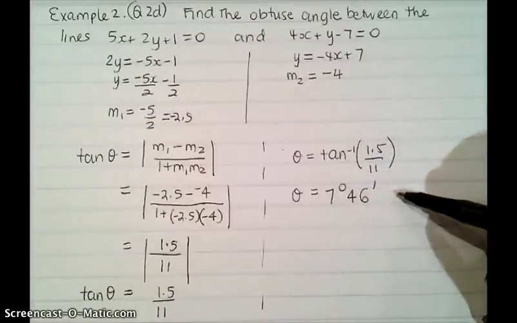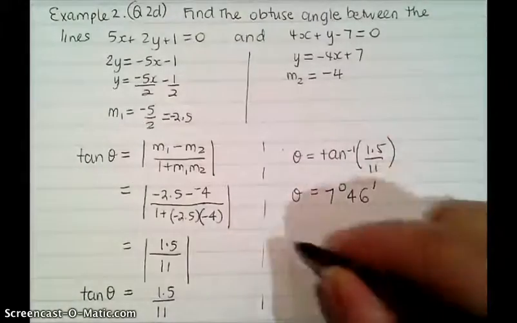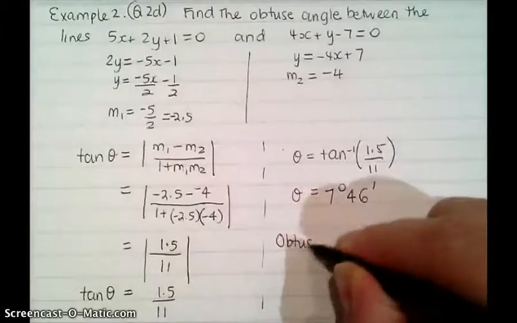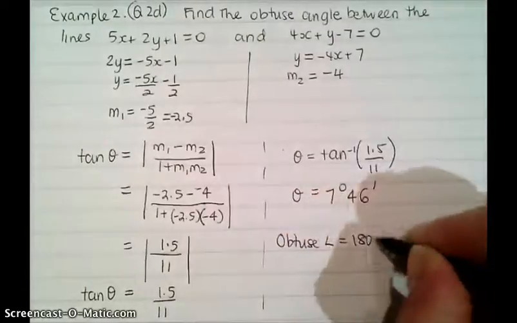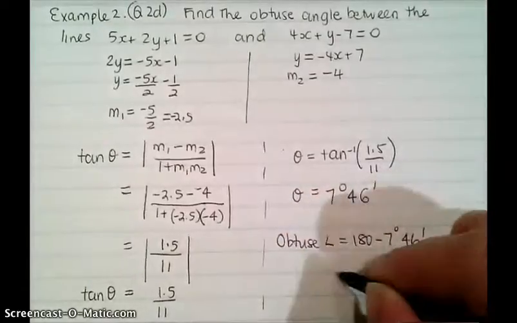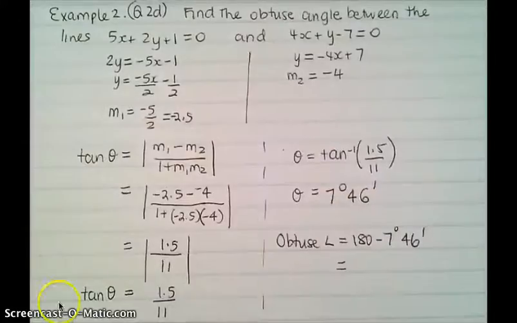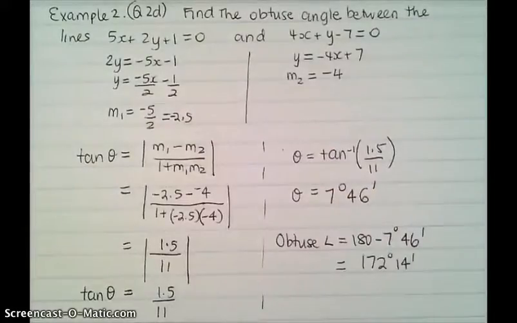Now remembering this is the acute angle between the two lines, therefore the obtuse angle will be 180 minus 7 degrees 46 minutes, and the answer you will get is 172 degrees and 14 minutes. So that's the obtuse angle between the two lines.